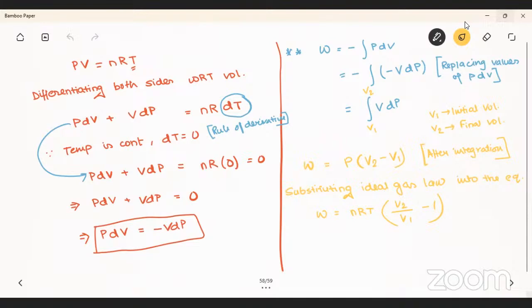Then P equals nRT by V now, ma'am. Okay, now you tell me why. Ma'am, we are substituting only the P value, not P and V now. Yeah, we are doing that. But why have I written that? Just think once. Anyone else can say?